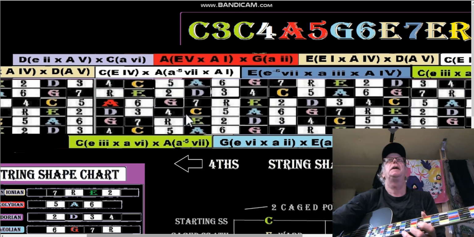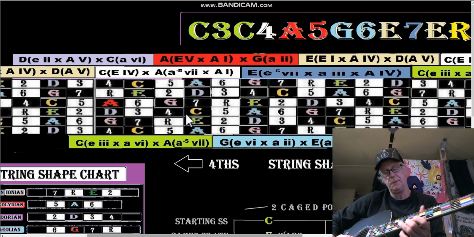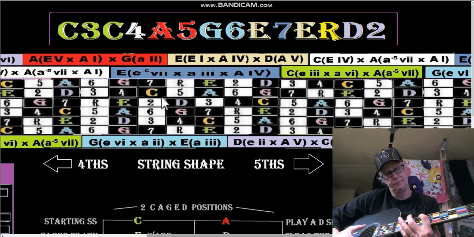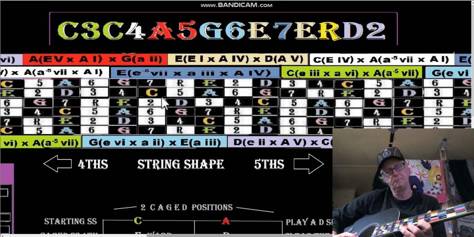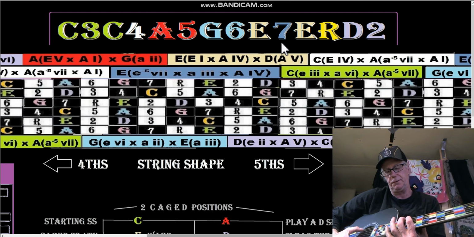And then we go to A5. And then we go to G6. And then we go to E7, which is your Locrian.